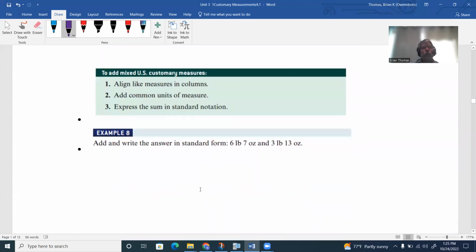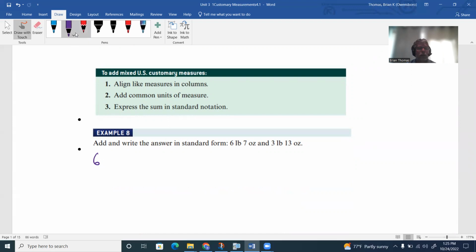So, to add mixed U.S. customary measures, if I give you 6 pounds, again, I need to put a space between the number and the unit so it doesn't look like a 61.